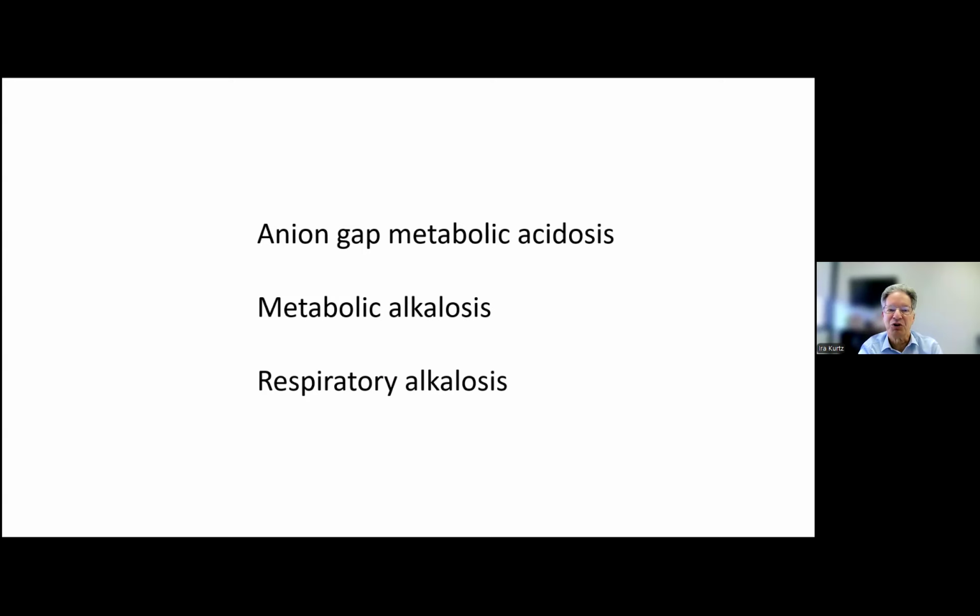And if it's not what you predict for the compensatory response for the decrement in the bicarbonate, then you have to also come up with the respiratory disorder that's present. In this patient, the PCO2 was lower than one would predict given the expected ventilatory response. So the patient also has a respiratory alkalosis.